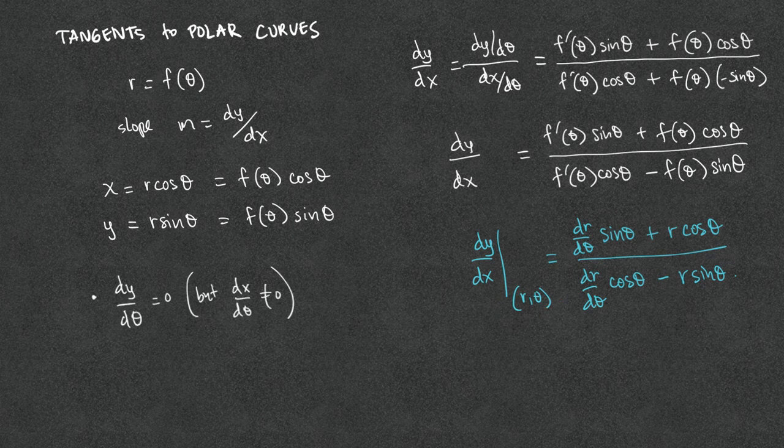If the numerator dy d theta is 0, but the denominator dx d theta is not 0, then we would obtain the slope of a horizontal tangent line. If dx d theta is 0, but dy d theta is not 0, then we will obtain the vertical tangent line.